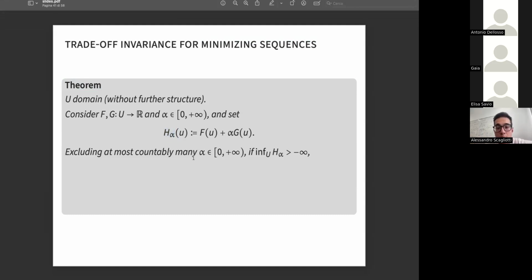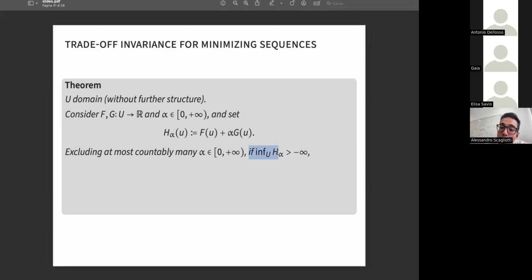And indeed we can prove a trade-off invariance principle for the minimizing sequences. Okay, so this is the point. We always need to exclude at most countably many values of alpha. So this is unavoidable. Then what happens?